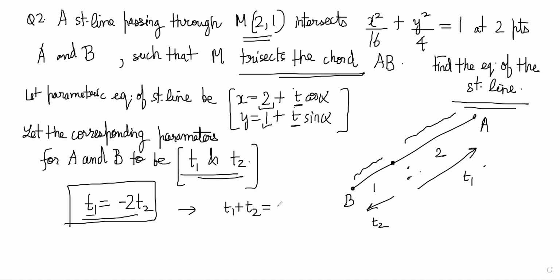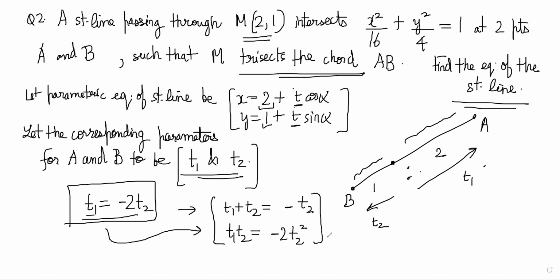So if you have this, we know that T1 plus T2 will be equal to minus T2, and T1 T2 will be equal to minus 2 T2 square. Just using this result that we have understood because of the nature of the section formula, we get T1 plus T2 is minus T2 and T1 T2 is minus 2 T2 square.